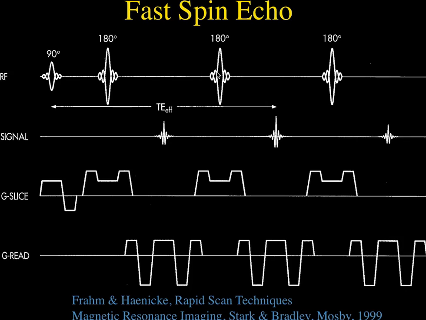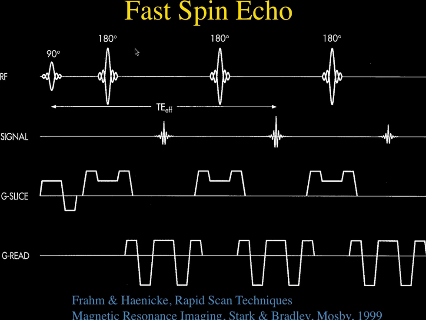So what we may have had before, we would have a 180-degree pulse at 15 milliseconds, which gave us an echo at 30 milliseconds. Then we'd have another 180-degree pulse at 45 milliseconds, which would give us another echo at 60 milliseconds.